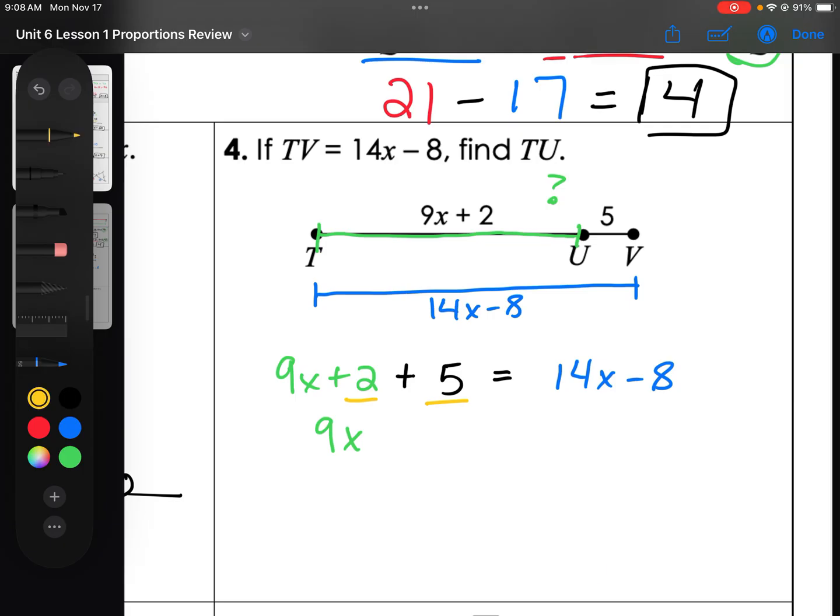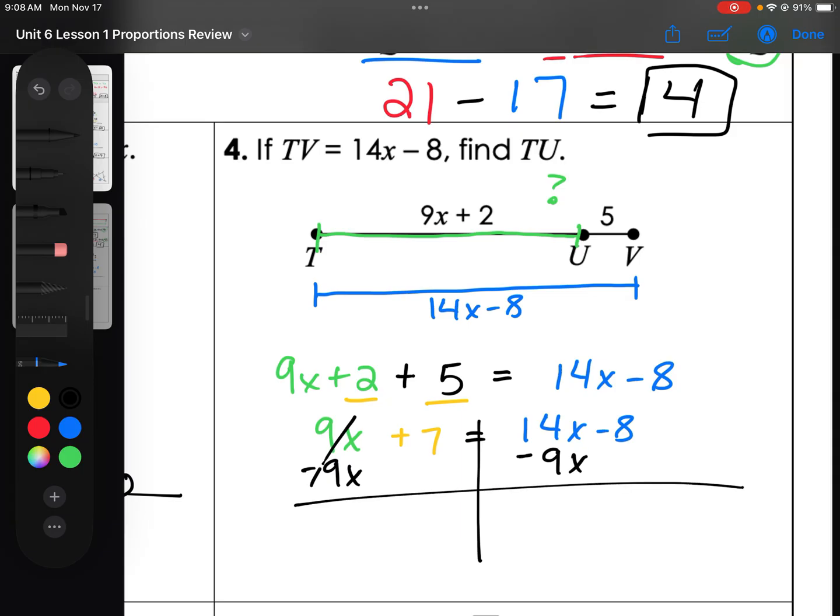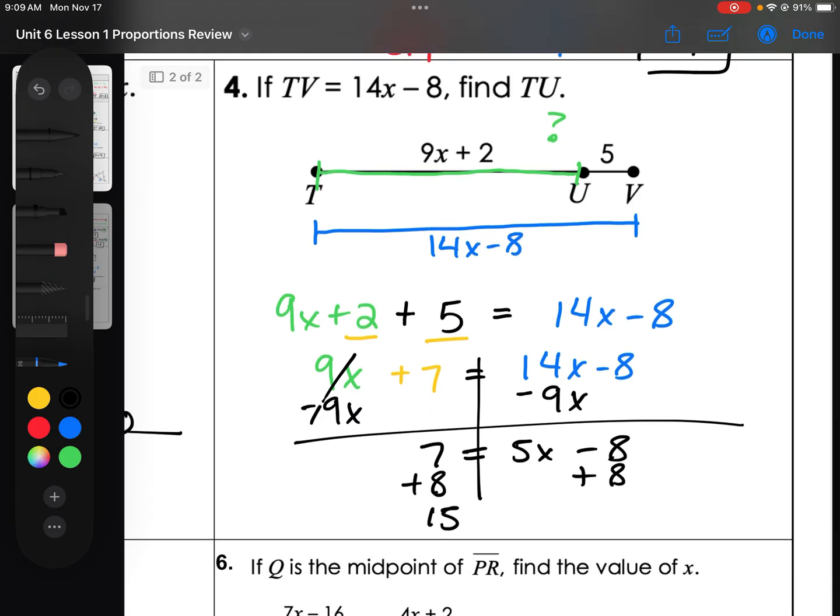So 2 plus 5 here is going to get us to 7, and this is still equal to 14x minus 8. Okay? I'm going to get my variables to the same side here, minus those. We get 7 is equal to 5x minus 8. And then I'm going to add 8 to both sides. And this is going to be 15 equals 5x.